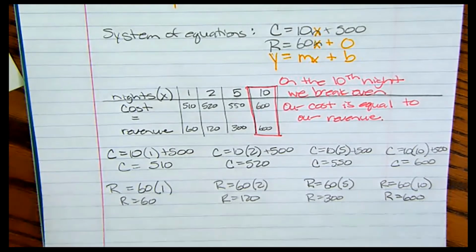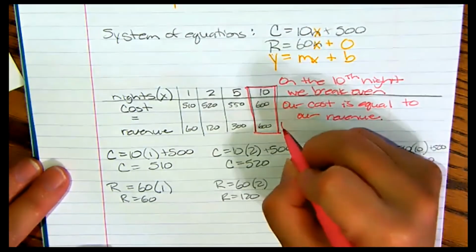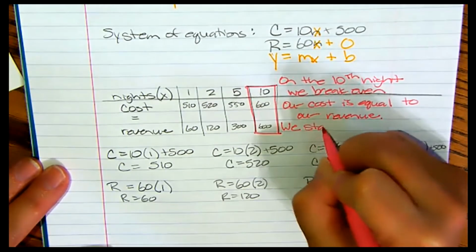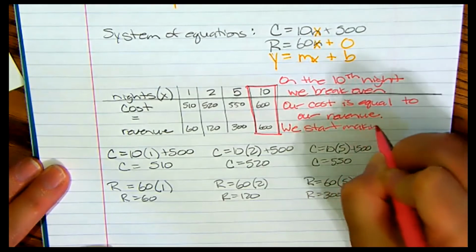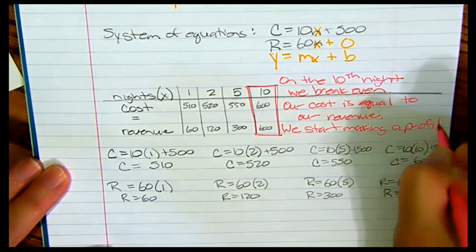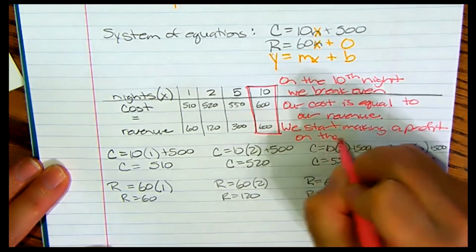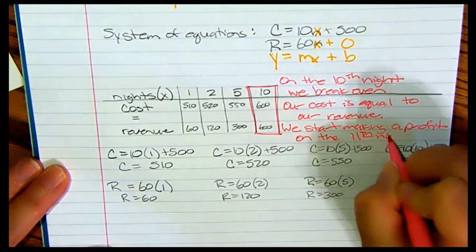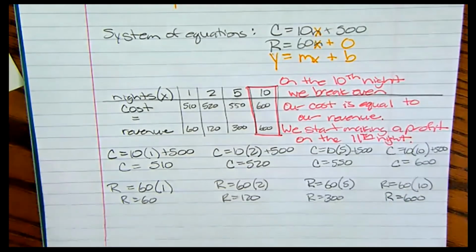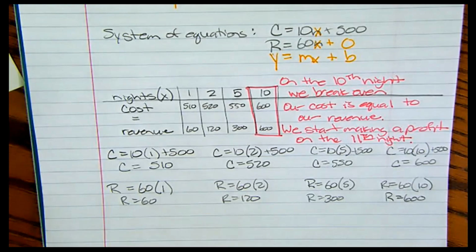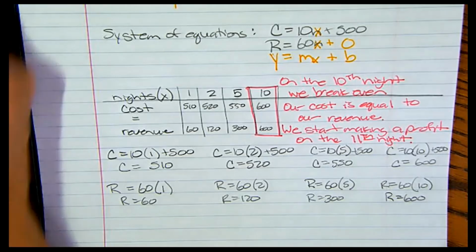So on the 10th night, we break even. Our cost is equal to our revenue. We start making a profit on the 11th night. So that's what's going on.